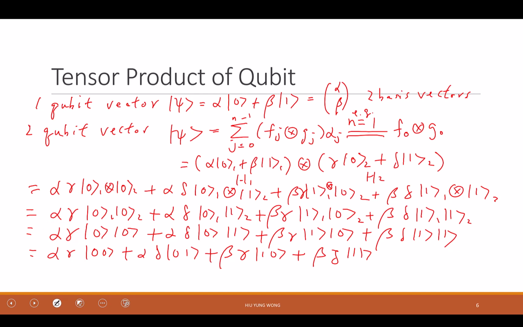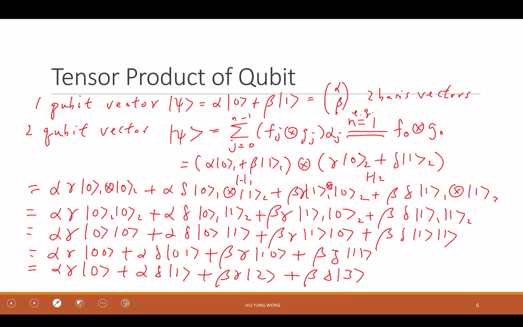So if you're okay with this, how about this? Would it be confusing? If we all agree which one is the first qubit, and you agree that we are intelligent people who know decimal numbers, and 3 means 1, 1, then it's not confusing.